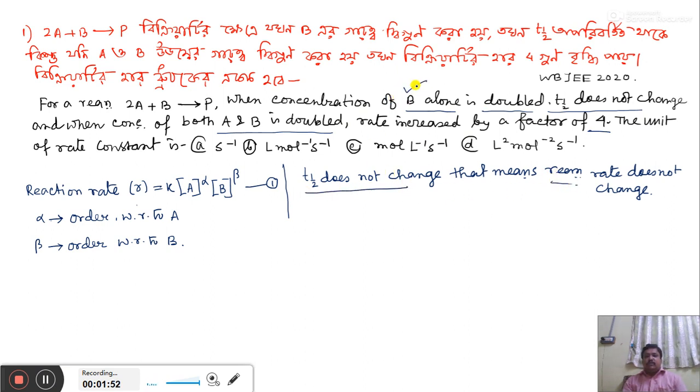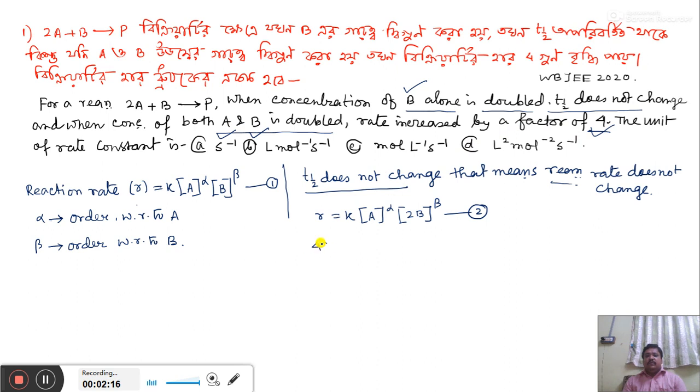So for the first observation, reaction rate R is equal to K into molar concentration of A to the power alpha and molar concentration 2B to the power beta, equation 2. And for the third observation, when A and B are both doubled, the reaction rate increased by a factor of 4.